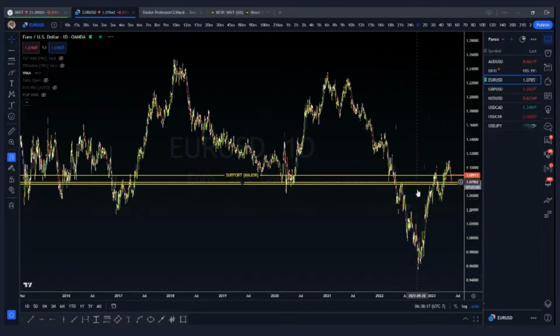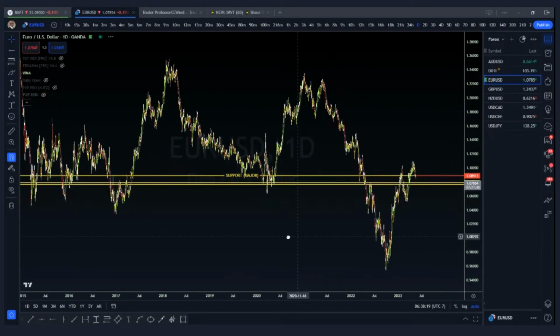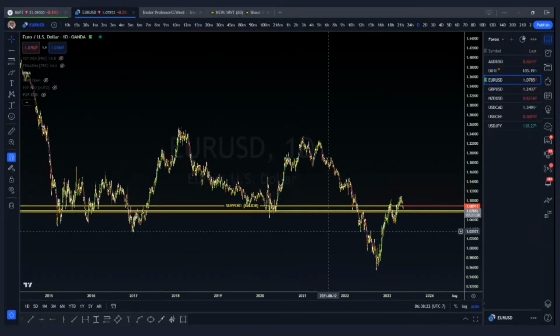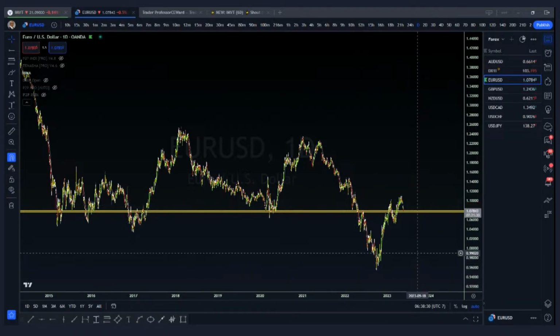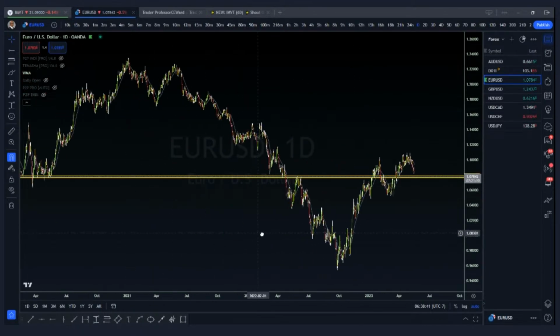Let's go to a daily. You guys look at this daily. See this major support level that we're in? Let me delete that top one. That's some old stuff from a long time ago. But you guys can see where we are. This is major support, really, really strong.